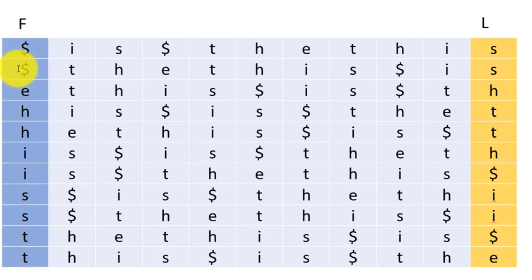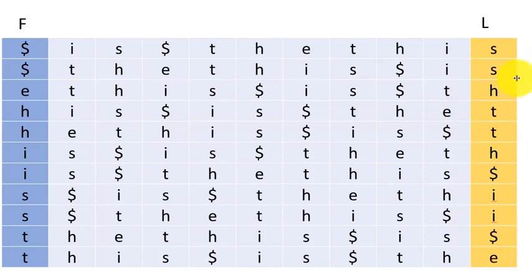That means the dollar sign is always smaller than all those characters in the ASCII table, so you can look it up online. And then E is smaller than H, smaller than I, smaller than S, smaller than T. So we simply sort them in lexical order, and at the same time we sort this as well.